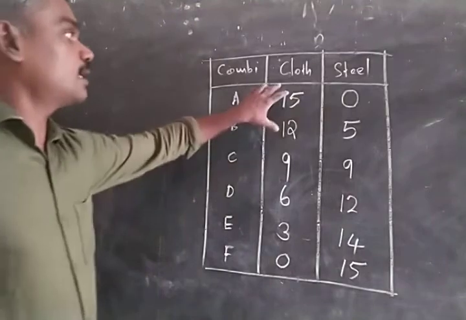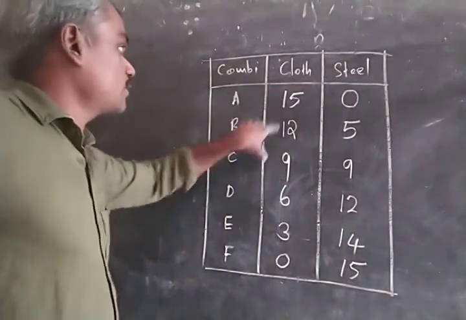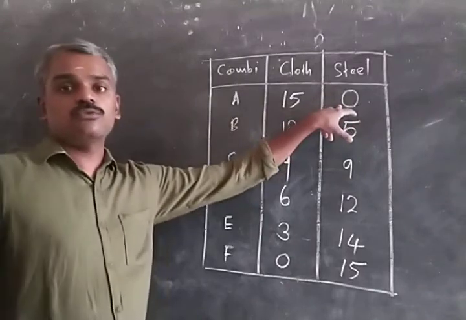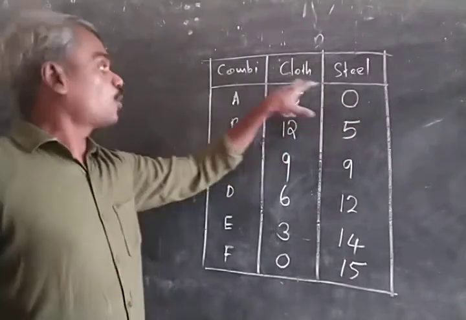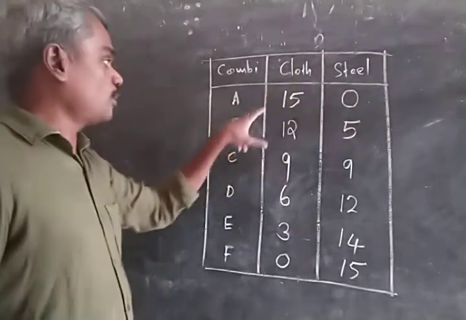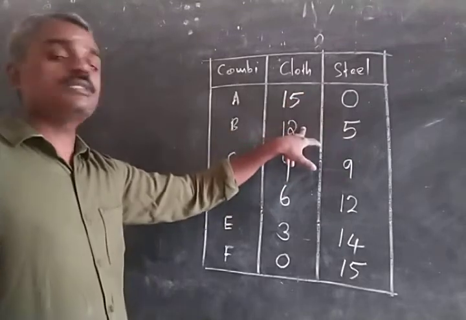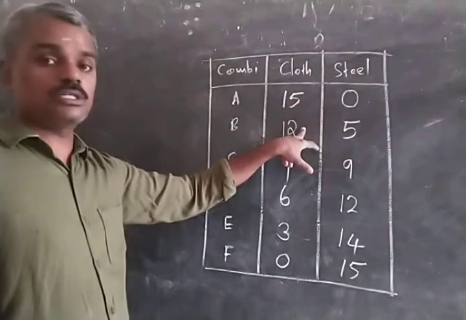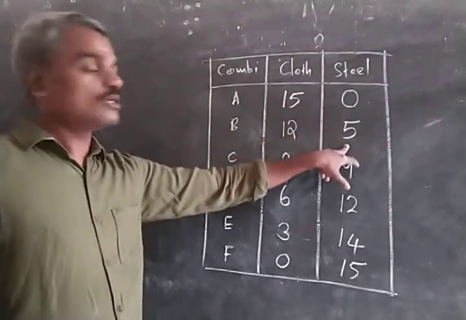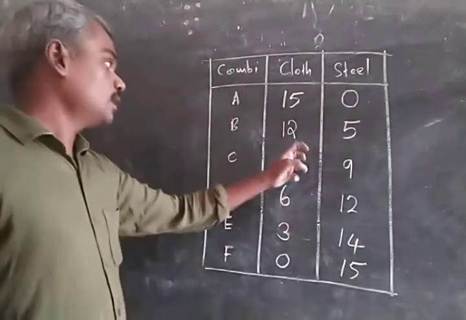Here you can see that each of these combinations reflects particular units of cloth and steel. Combination A shows 15 units of cloth and 0 units of steel. Combination B shows 12 units of cloth and 5 units of steel. Here it has diverted some resources from producing cloth to producing steel. So production of cloth has fallen and production of steel has increased.